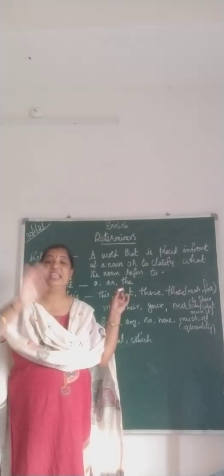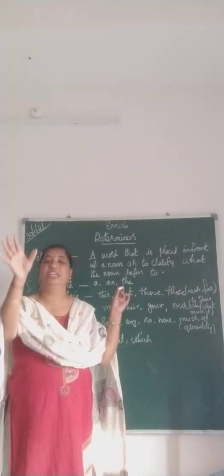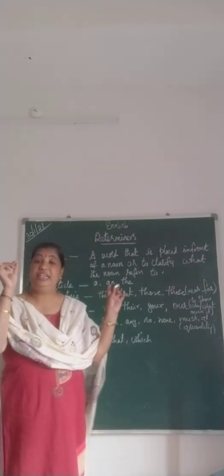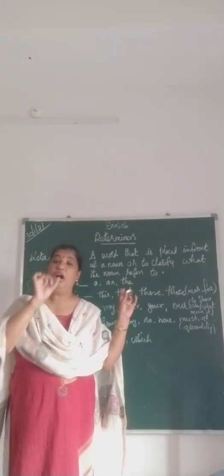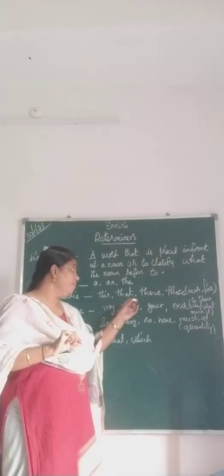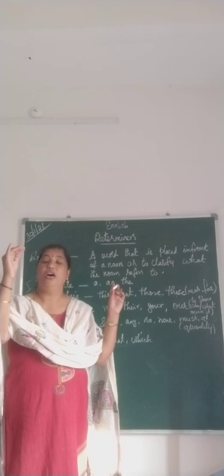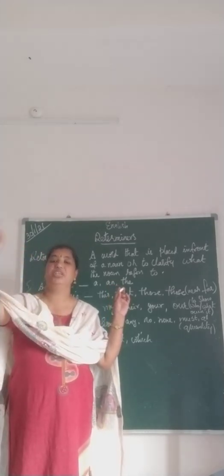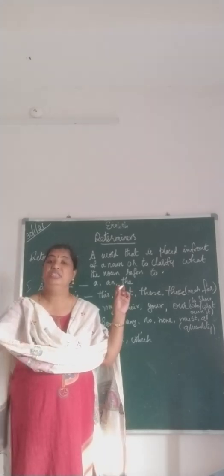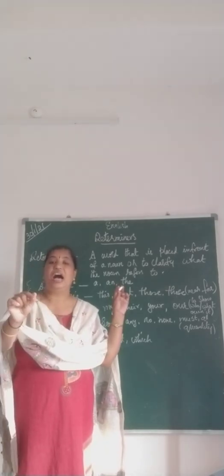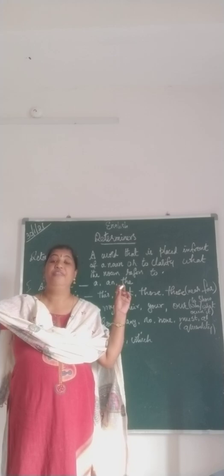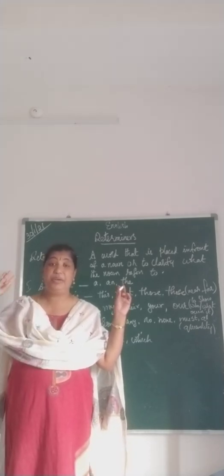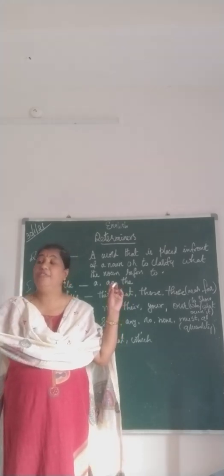That determines the position of the noun. This determiner will tell the position of the noun, whether the object is near to you or far away from you. This car is moving very speedily. Speedily means moving very fast.